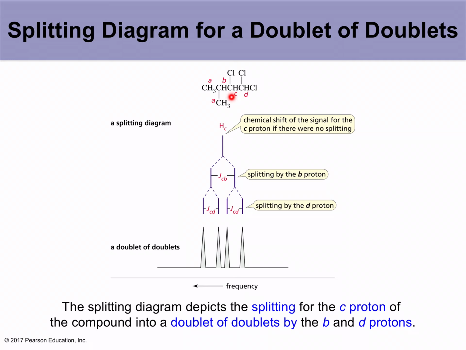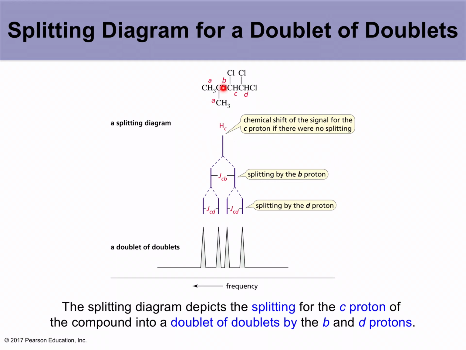And due to that, we cannot consider this hydrogen to be split by 2 hydrogens into a triplet. Instead, it would couple to either D or B to give a doublet. So remember, one will give you a doublet. And then each doublet will again become a doublet due to the other hydrogen, the B hydrogen. So that generates a doublet of doublets. So this is HC, the chemical shift of the signal for the proton if there were no splitting.